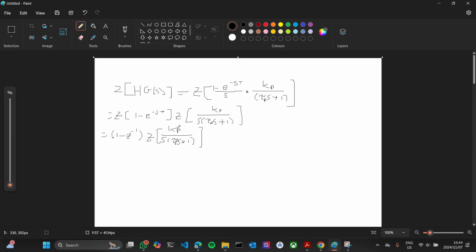Then what we're going to do is factorize this Kp because we don't need it. It's a constant. 1 minus z to the negative 1. Now we want the z transform of 1 over s times (tau p s plus 1).